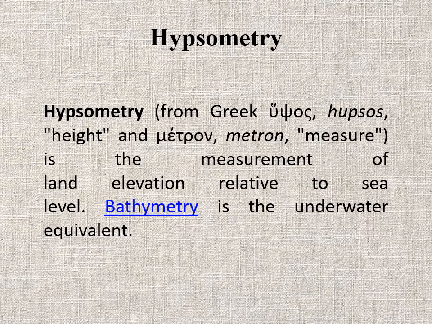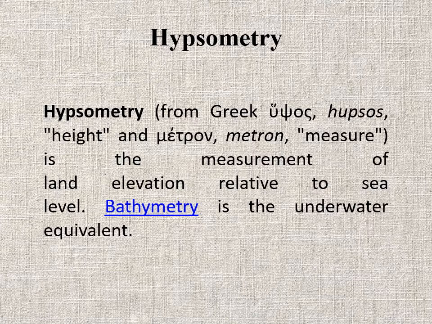Now coming to another property defining the different shape of the earth, that is known as hypsometry. So what is hypsometry? Hypsometry is composed of two words.